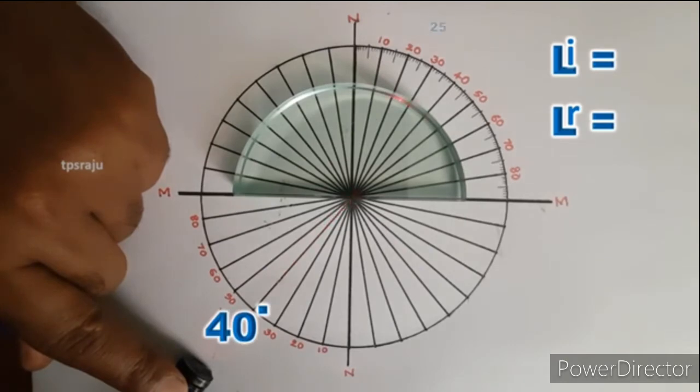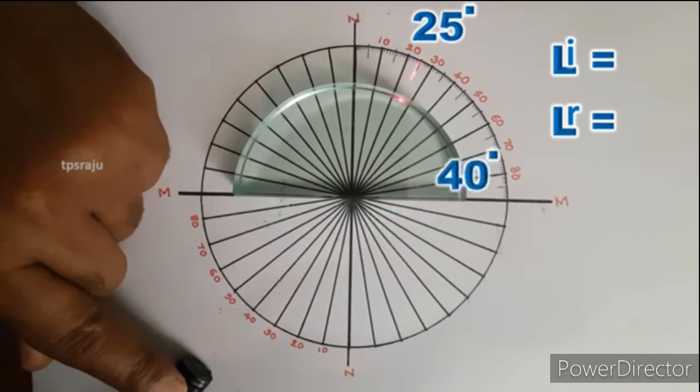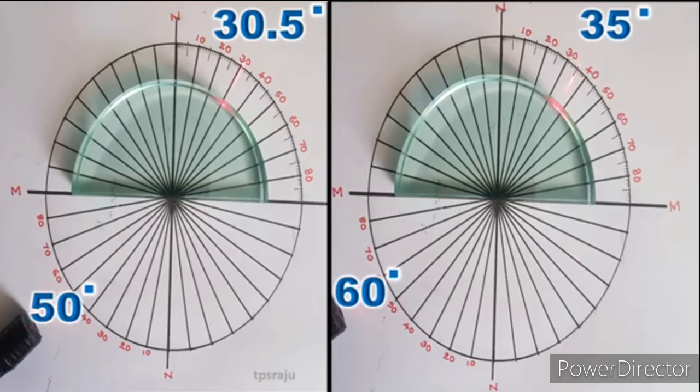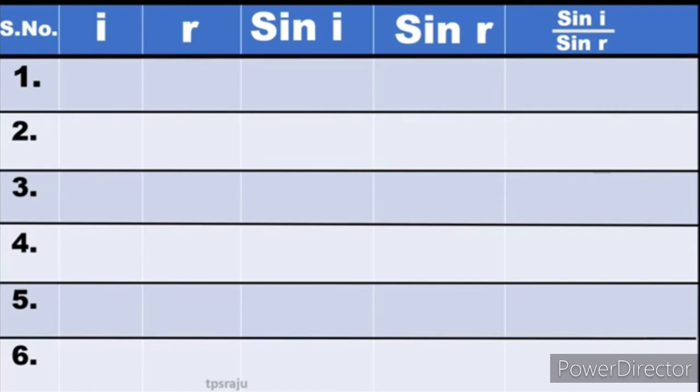At 40 degrees, the angle of refraction is 25 degrees. Next, consider angles of incidence as 50 degrees and 60 degrees respectively. The corresponding angles of refraction are 30.5 degrees at 50 degrees and 35 degrees at 60 degrees.